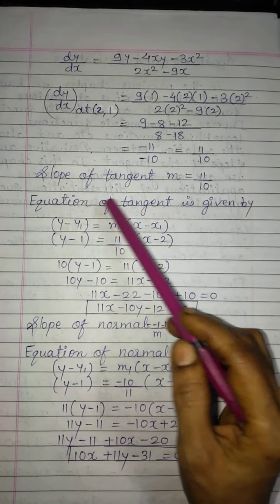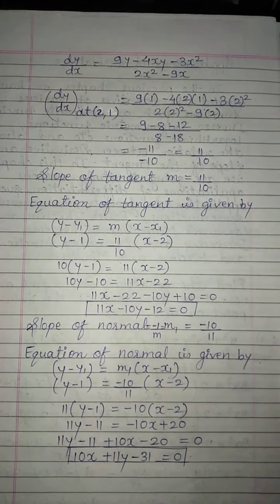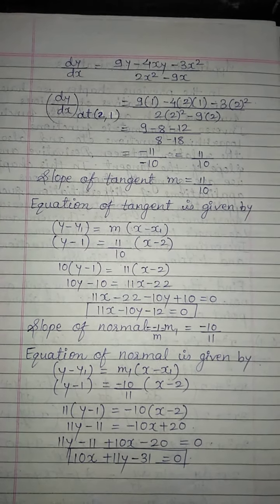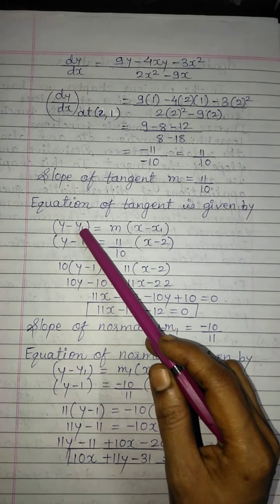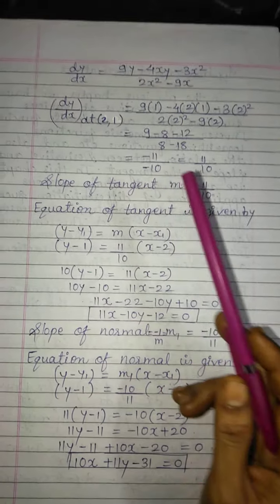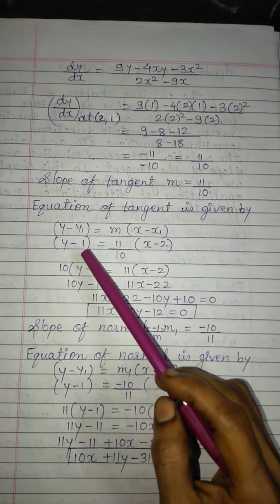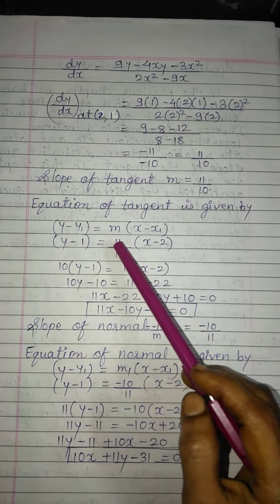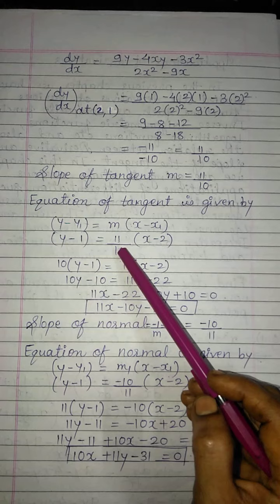Now equation of tangent is given by y minus y1 is equal to m (x minus x1). So here (x1, y1) is nothing but the point (2, 1), and slope is 11 by 10, that is the value of m. So all these three values we will substitute at the respective places and we will simplify this.